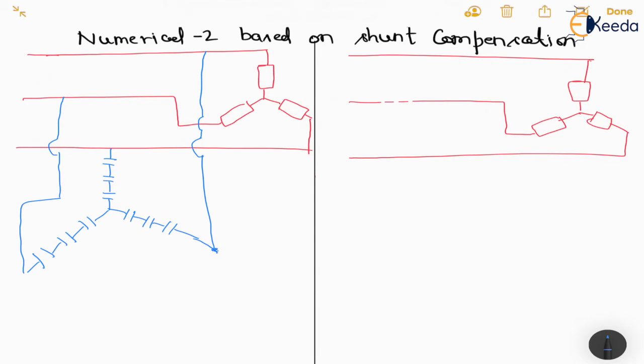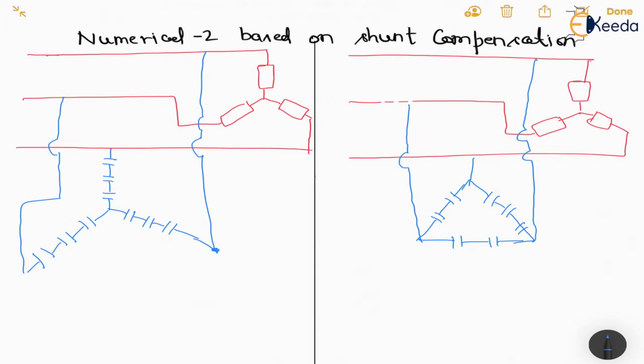This is the shunt connection in star, and if we draw here, it will look like this. Means for the same load, first we have connected the shunt capacitor bank in star and in this case in delta.